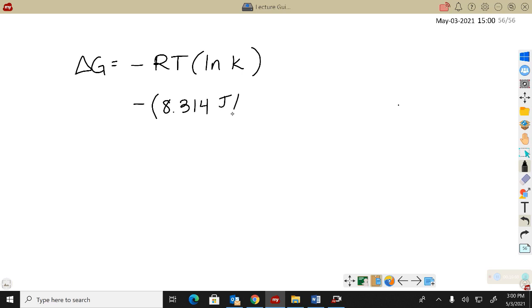We've got our delta G. Now, one thing I'm gonna have to worry about, delta G is equal to negative RT ln K. When I use R, R is in the packet as 8.314 joules per mole Kelvin, or mole to the negative first, Kelvin to the negative first.